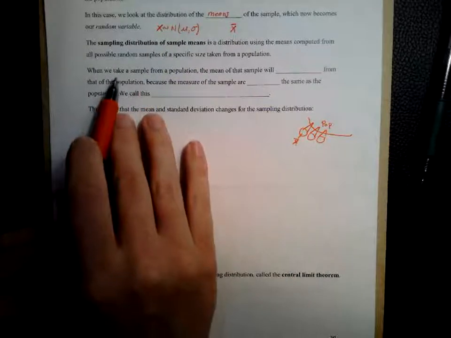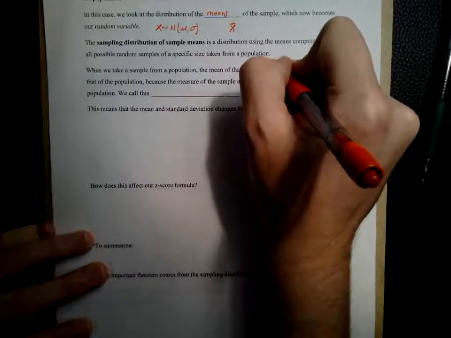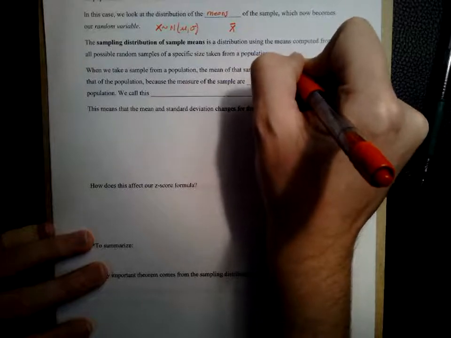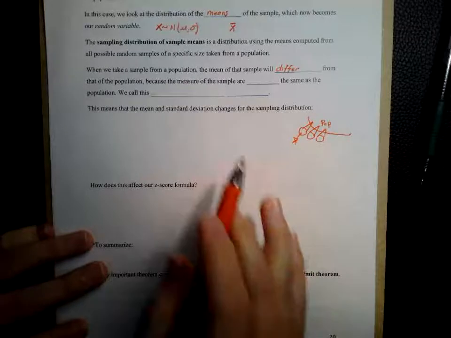Now, when we take a variable from a sample, the mean of the sample will differ from that of the population, because we're not taking all the individuals of the population, so we're not going to get an exact measure of the population mean.